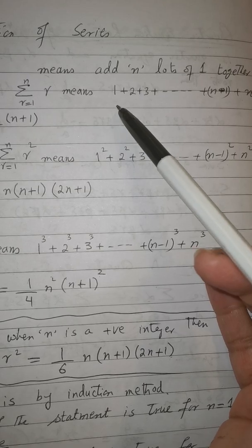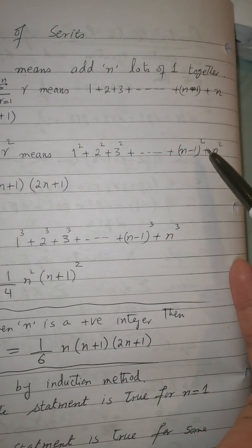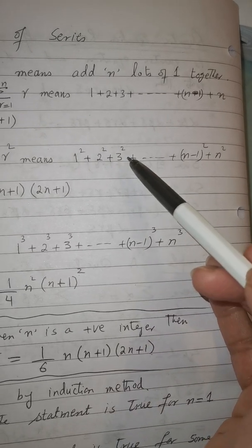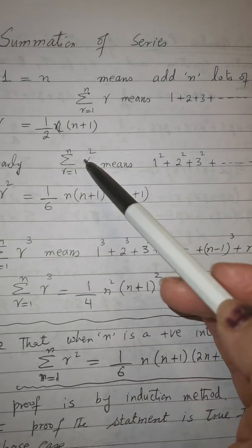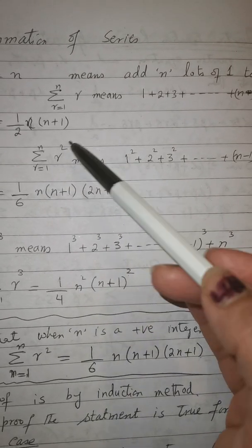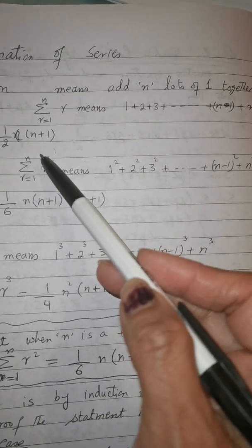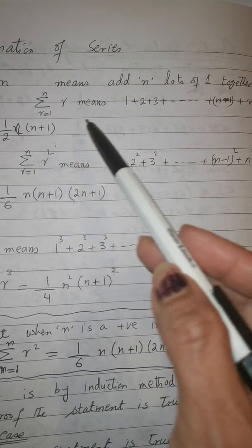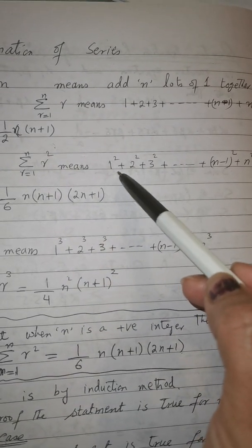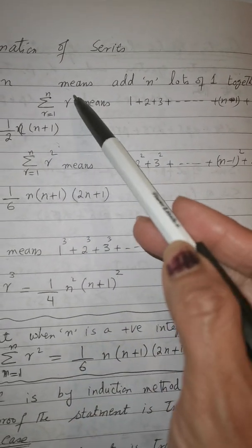And if our series is 1 square plus 2 square plus 3 square and it is in square form, then we will write it like that. Summation r is going from 1 towards the final value n, and here we will write r square, related to this square, right? R square, and related to this is simple r.